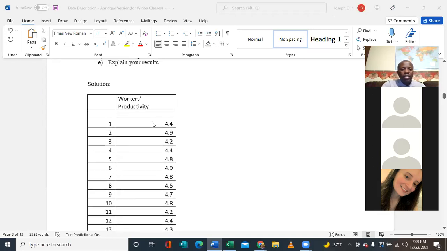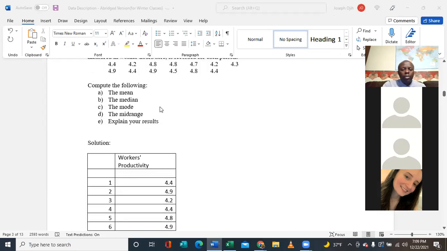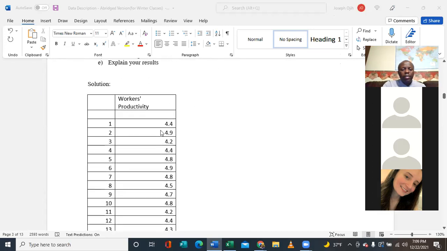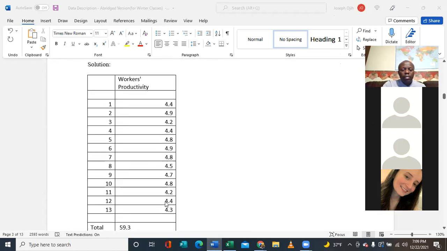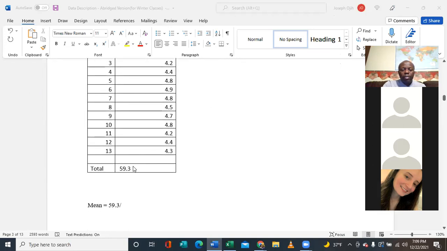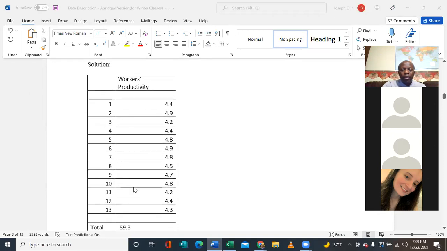So now, to get the mean, I put all these numbers in a table form here. To get the mean, you add all these numbers. If you add all of them, you're going to get 59.3. And how many of them? There are 13 of them, as you can see from here: 1, 2, 3, 4, 5, 6, 7, 8, 9, 10, 11, 12, 13.